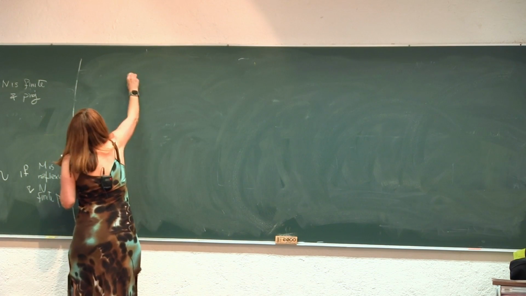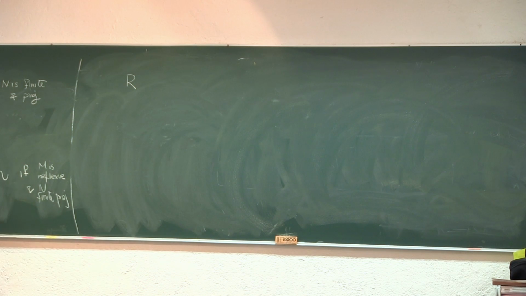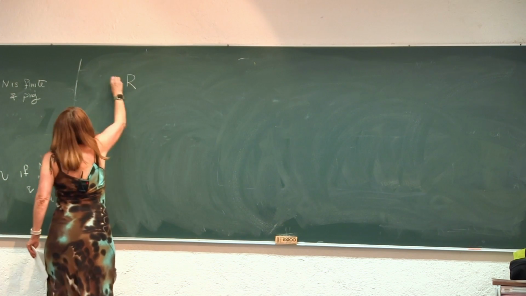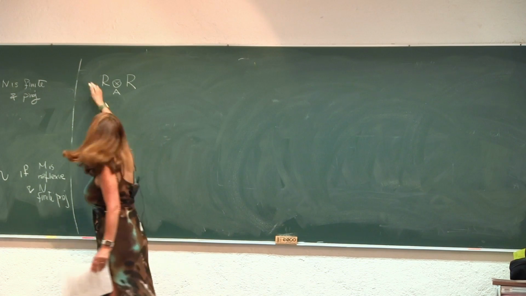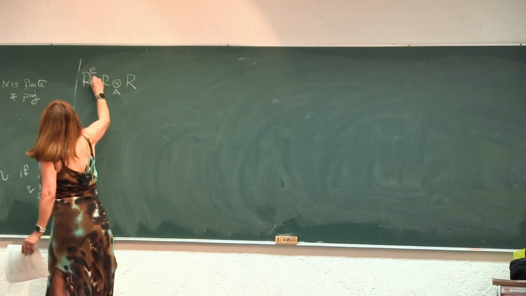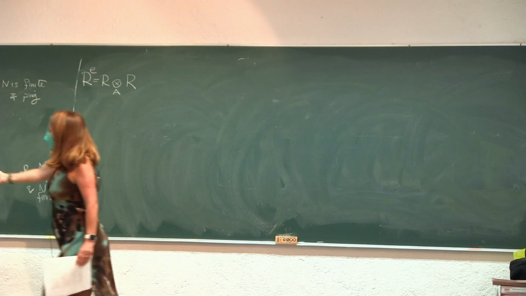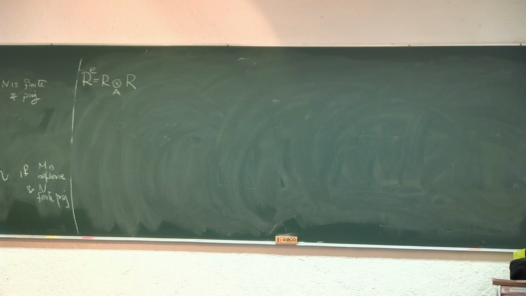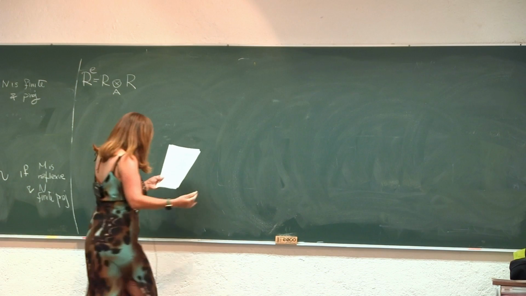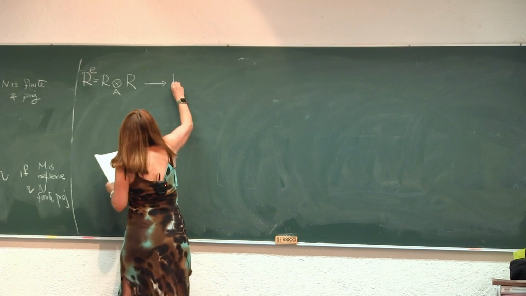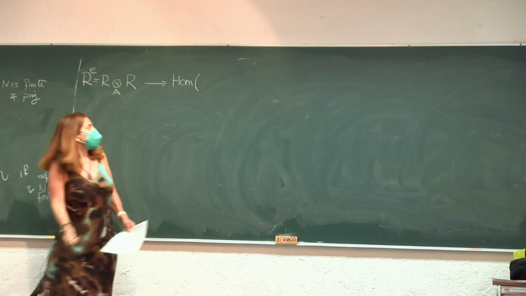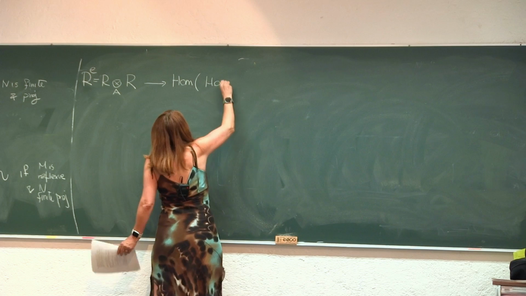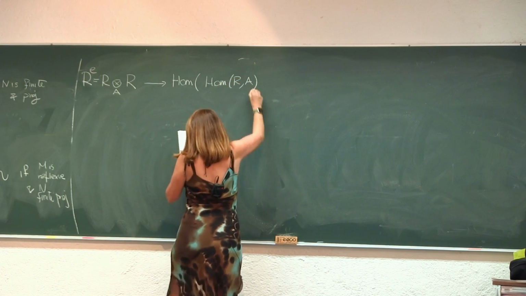So first of all, what does the diagram I want do? So I start with, remember, M and N are R. So I have R tensor R over A. Who is this guy? The enveloping algebra, which we have used so much. And the enveloping algebra goes to this guy.